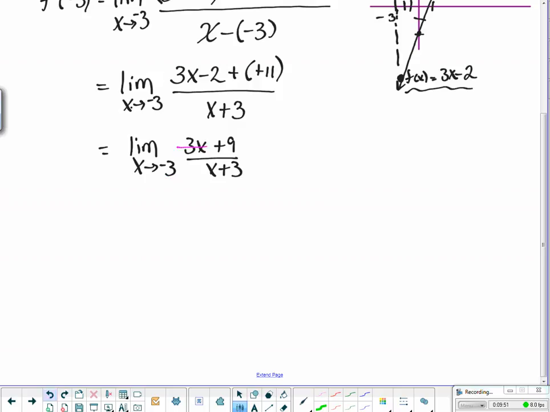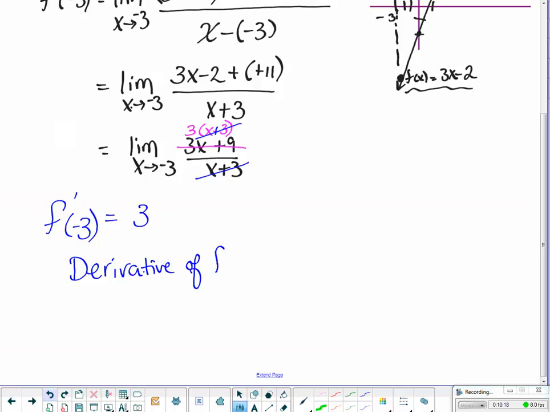Obviously here we could factor out a 3, so I get 3 times x minus 3, oops, I'm sorry, that's a plus 3. X plus 3 will divide into x plus 3 one time, and my final solution here is 3, so f prime of negative 3 equals 3, which means the derivative of f of x at x equals negative 3 is 3.